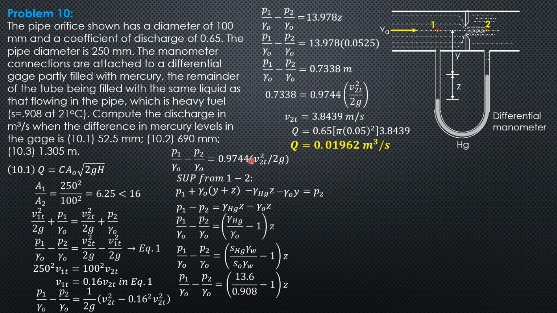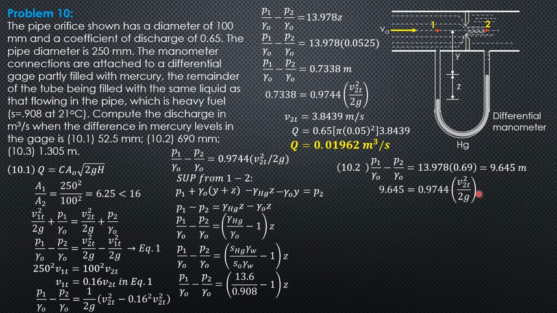Then for the second part, Z is 690 mm or 0.69 meters. Substituting here, the difference in pressure heads, P1 over gamma of oil minus P2 over gamma of oil, equals 13.978 times 0.69, and that is equal to 9.645 meters. Then we substitute into this equation here. 9.645 equals 0.9744 times the velocity head theoretical at 2.